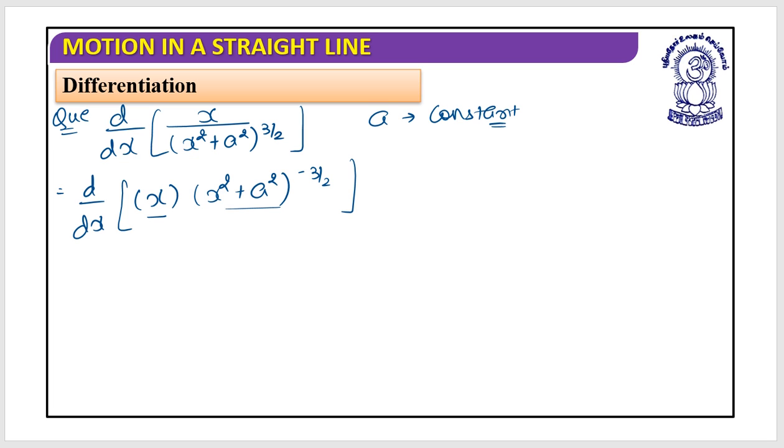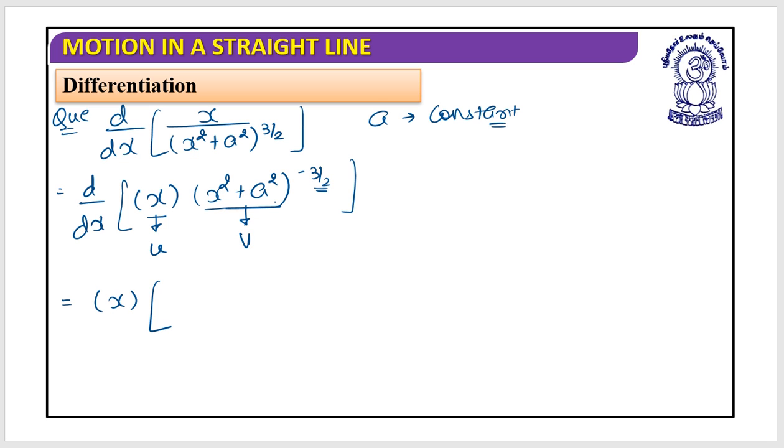Now I can write this as u, and this as v. Now it is u multiplied by dv by dx, so I need to write u as it is. This is x multiplied by dv by dx. How could I do this? Tell me. First I need to consider this complete bracket as x to the power n.